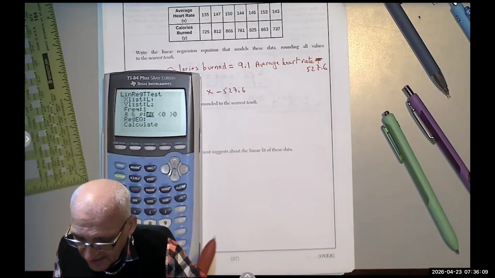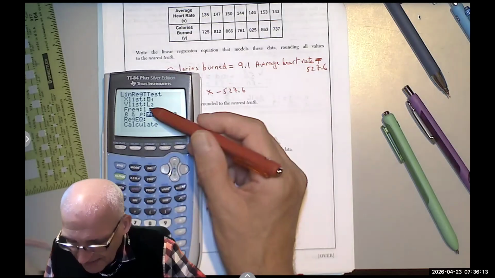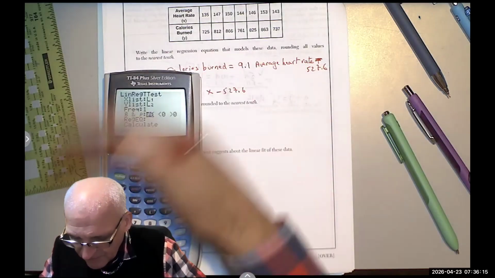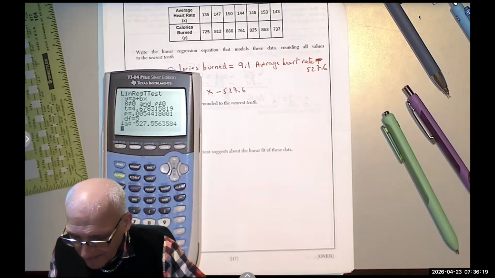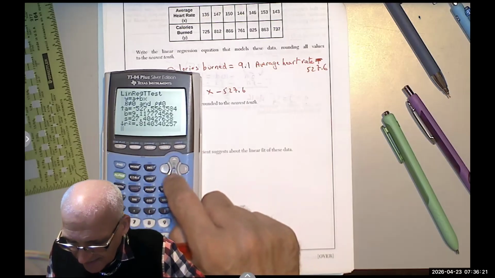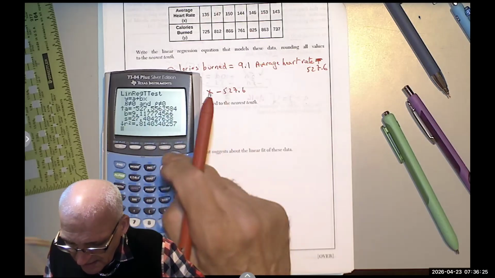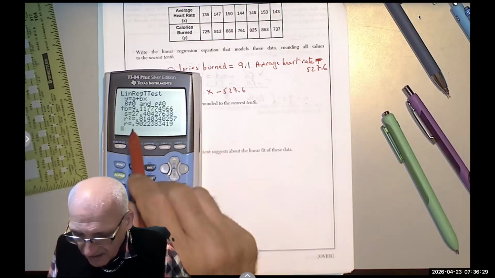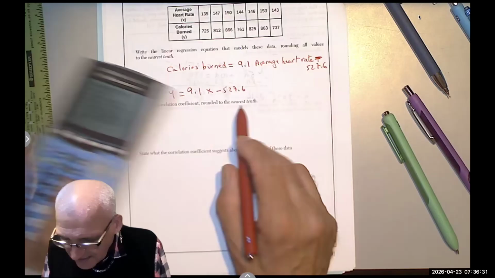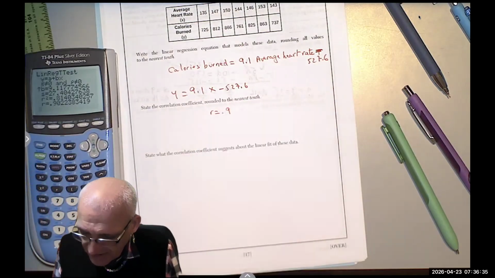It asks, do you have the X in L1? Yes. Y in L2? Yes. Forget about the rest, just click calculate. If you go down, it tells you the 9.11 for B. It doesn't give you the A because we are not testing the A. And r is 0.9, to the nearest tenth.